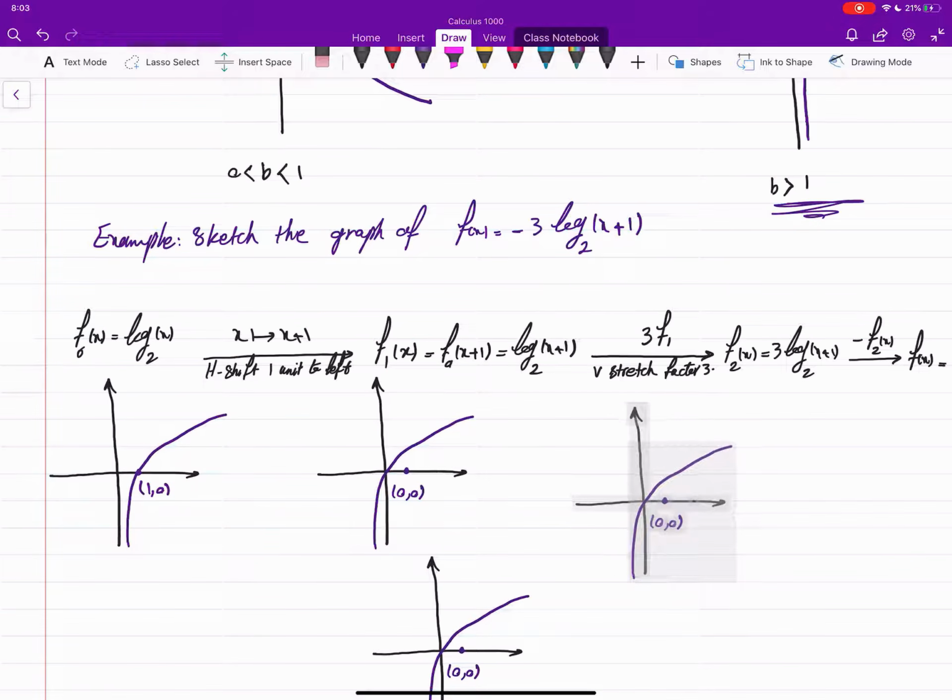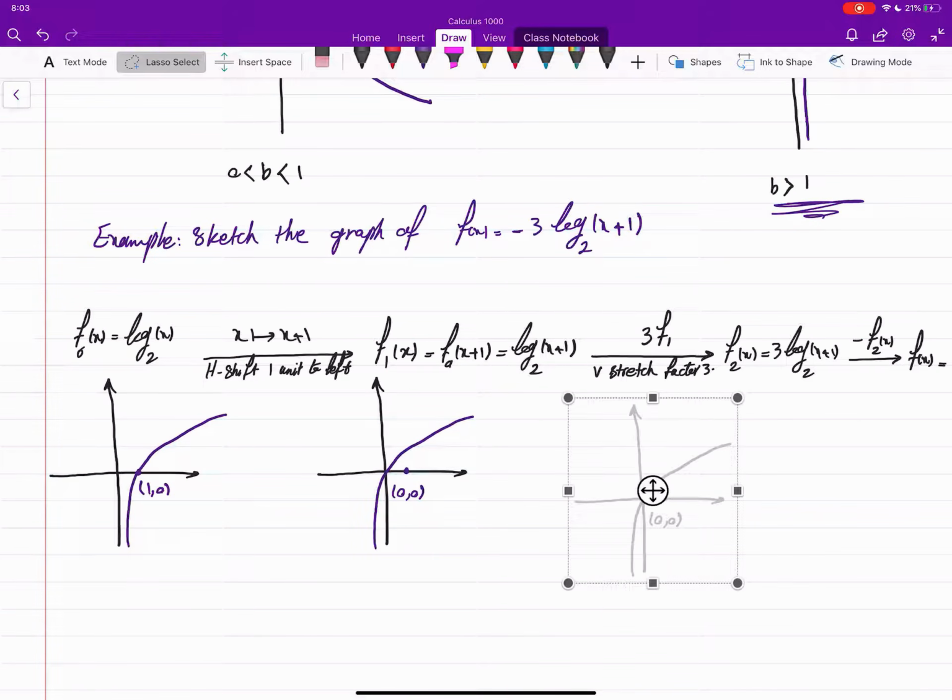I will do it a little bit lower here, and then I will choose the function and try to stretch it by 3. Everything is going to be multiplied by 3, so this is going to be this piece, this is going to be this piece.